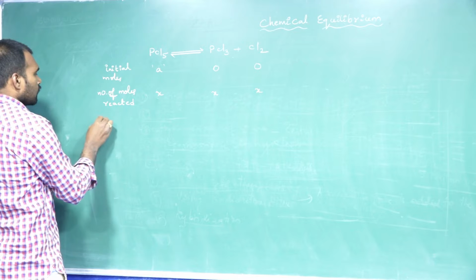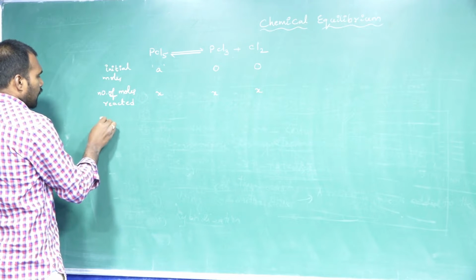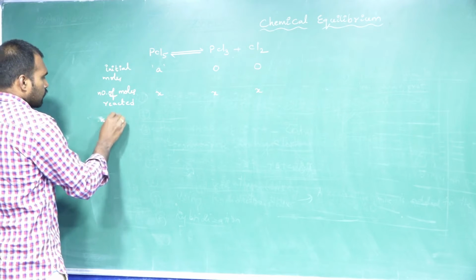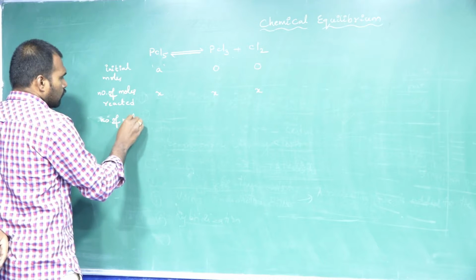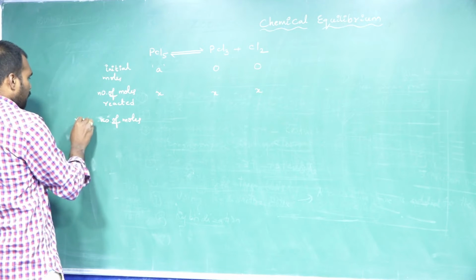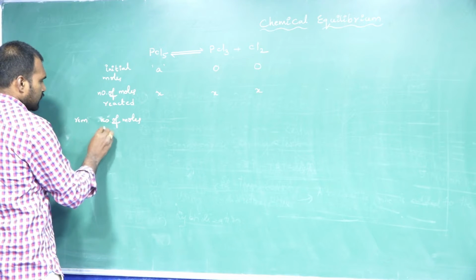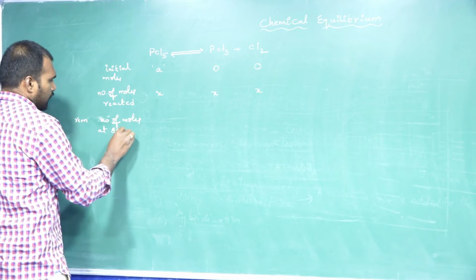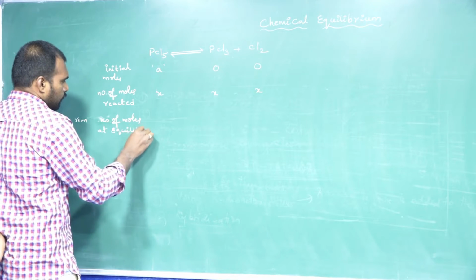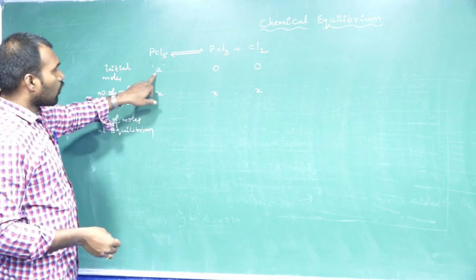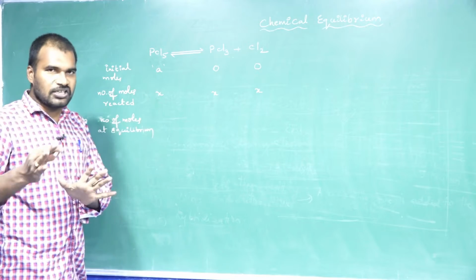Then the equilibrium number of moles, the remaining number of moles at equilibrium. So what is the remaining? Out of A moles, X moles are dissociated.